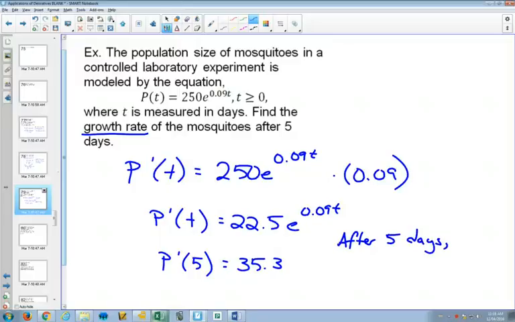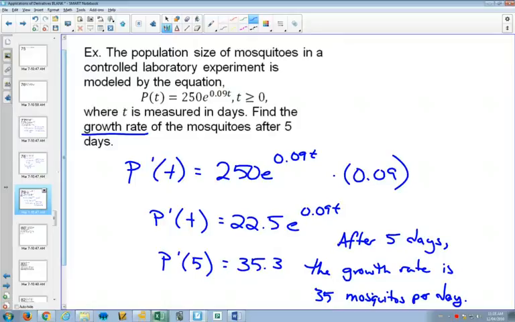After 5 days, the growth rate is 35 mosquitoes per day. That doesn't seem too bad.